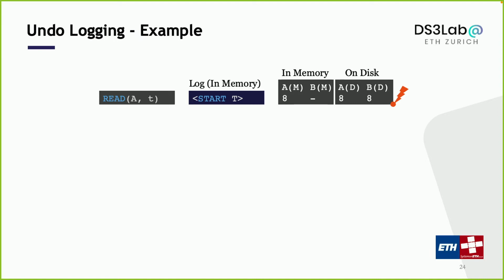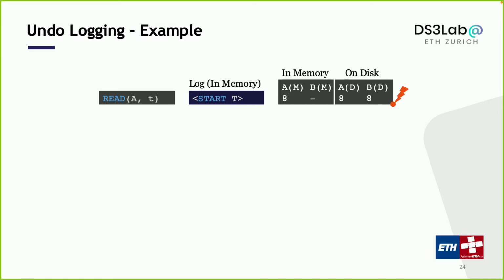My log file is empty. Essentially, the system is in a state as if the transaction T never happened. It doesn't even have the start record there. It's as if the transaction never happened, which is true because the transaction has done nothing to my system yet. It read nothing. It doesn't change the state of the system at this moment.